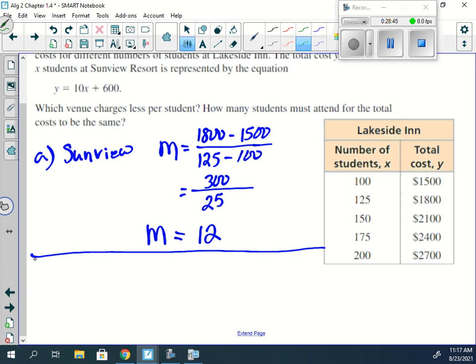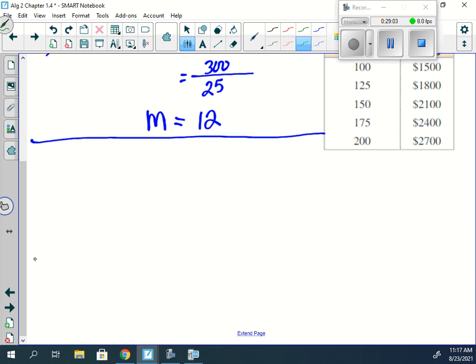Now the second part, how many students must attend for the total cost to be the same? The easiest way to go about this is if we had 2 equations. Because if I had 2 equations and we're wanting to know when the cost or y is the same, we could set them equal to each other. So what we need to do is find the equation for our Lakeside Inn.